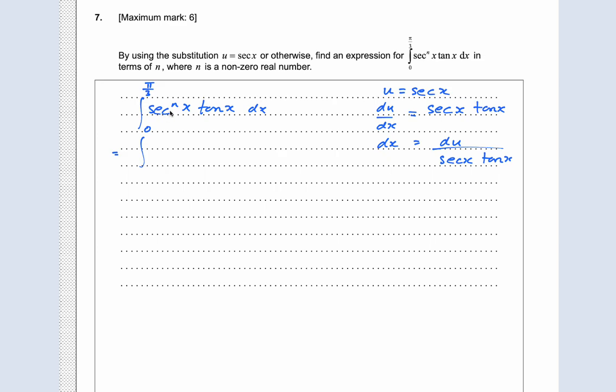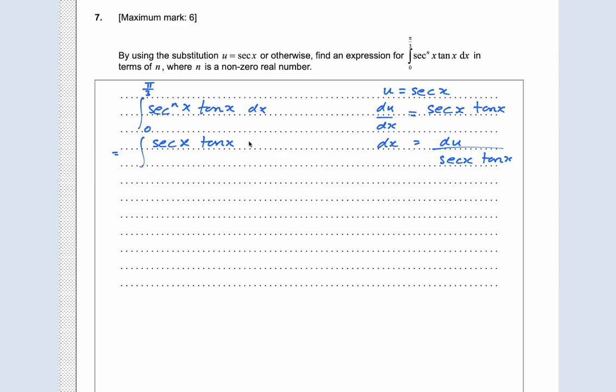So this is sec^n x tan x, but u is sec x. So what we're actually going to have is a sec x times tan x, and then I'm going to have a sec, because I've taken out the sec x, I'm leaving a sec x tan x, but this is sec to the power of n x.